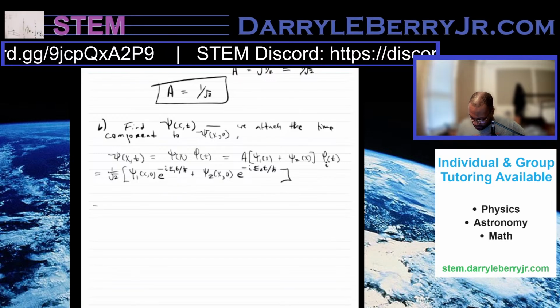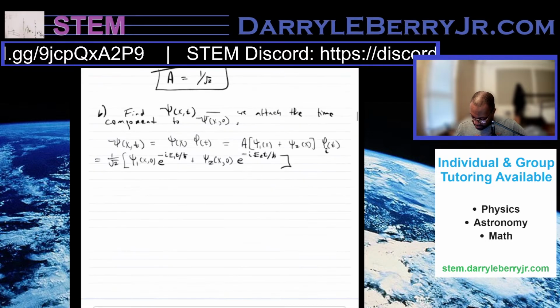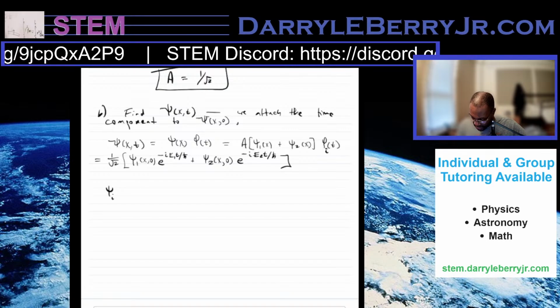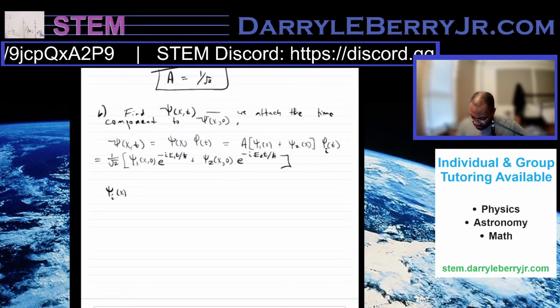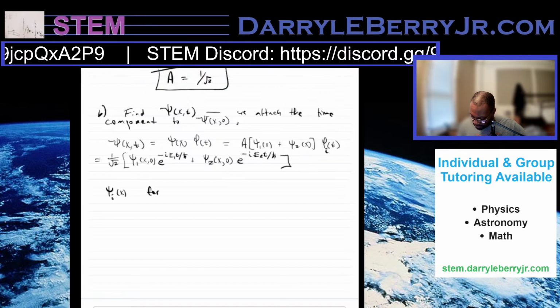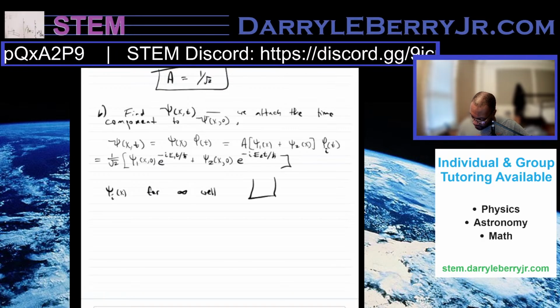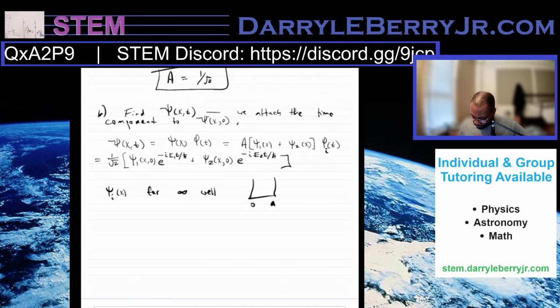So if I was to show that briefly, so I can remind myself, we need psi of x for an infinite well, and the well goes from 0 to a.